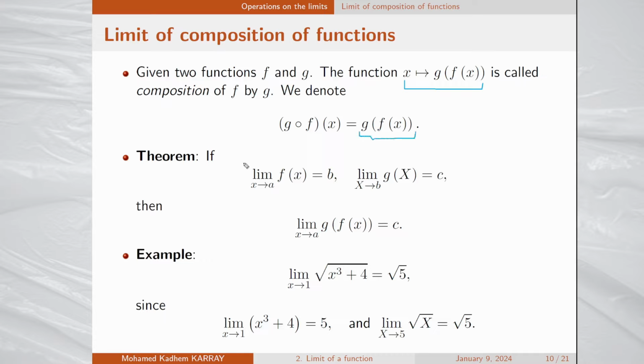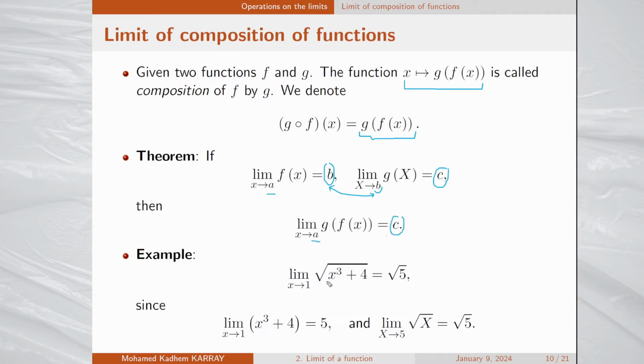So the theorem says that if f has a limit b at some point a, and if g has limit c as x approaches b, which is the same point here, then in this case the composition g by f when x approaches a will give the limit c.